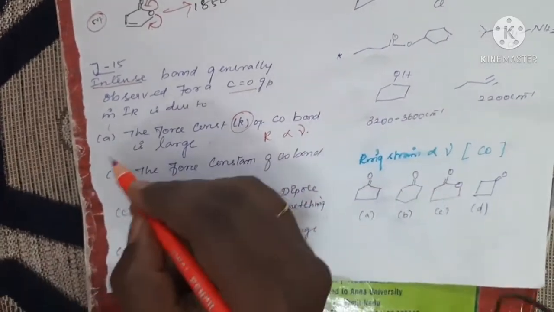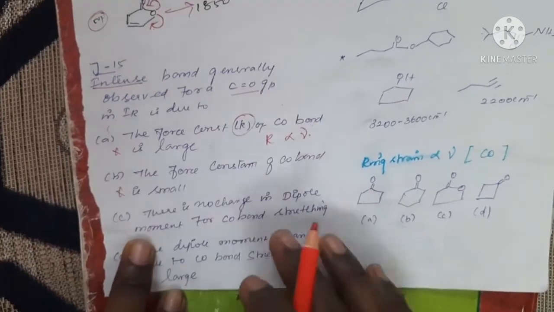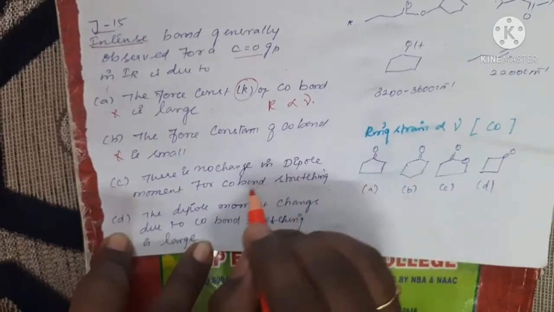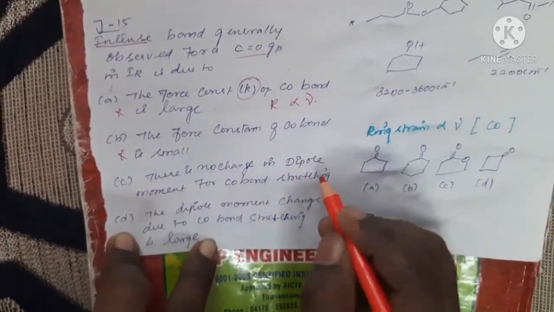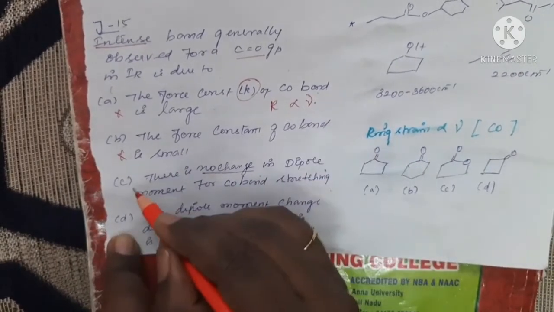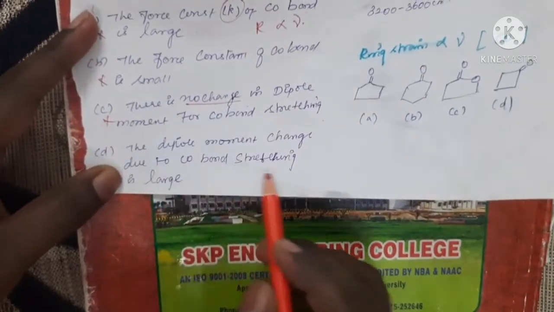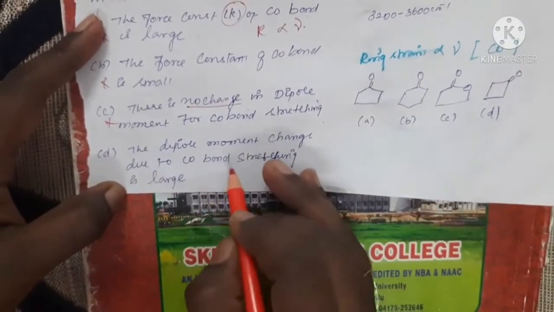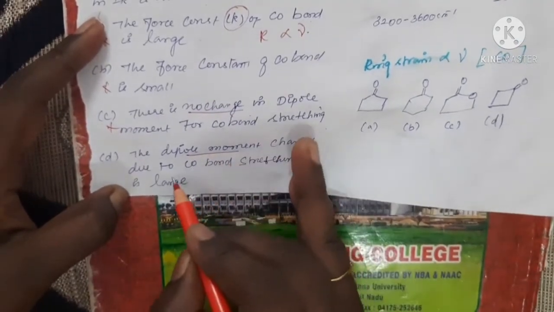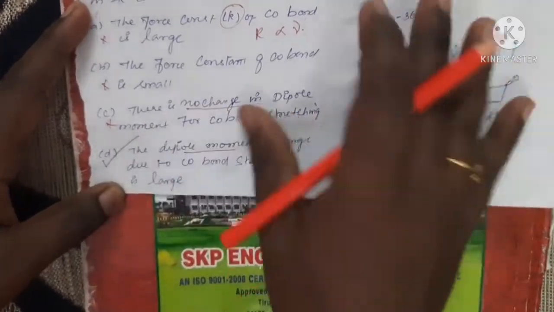So this may not be the reason. Whether the force constant is small or large, it won't be involved in intensity. There is no change in dipole moment: the prior condition for IR stretching is a change in dipole, so no change in dipole moment means it is not correct. The final answer is that the dipole moment change due to CO stretching is large. A change in dipole moment causes IR absorption, and if the dipole moment change is large, the absorption intensity increases. So this is the reason.